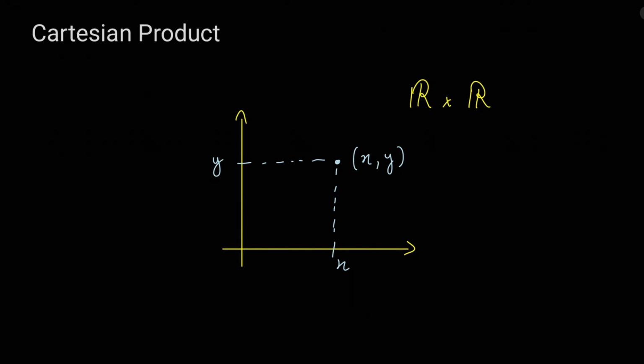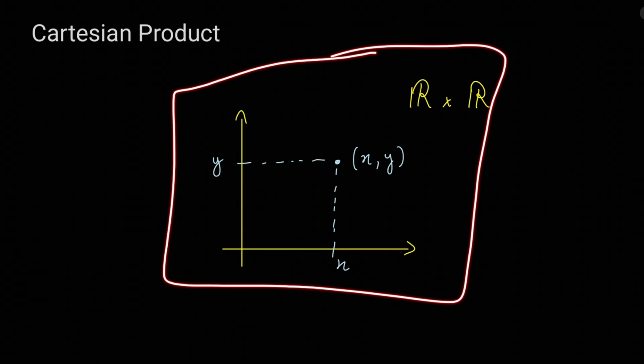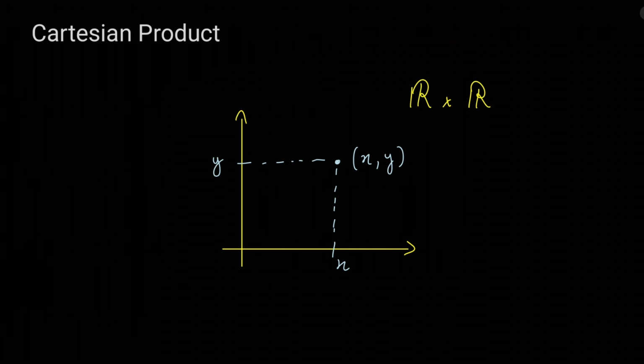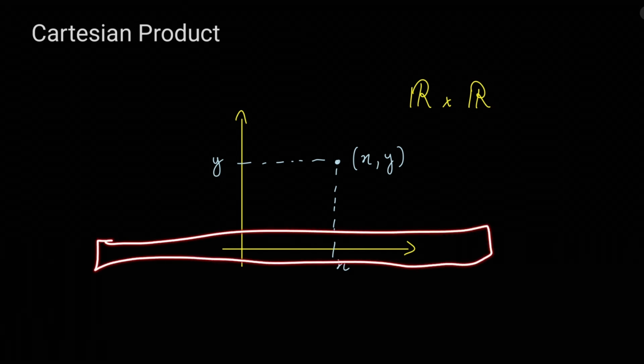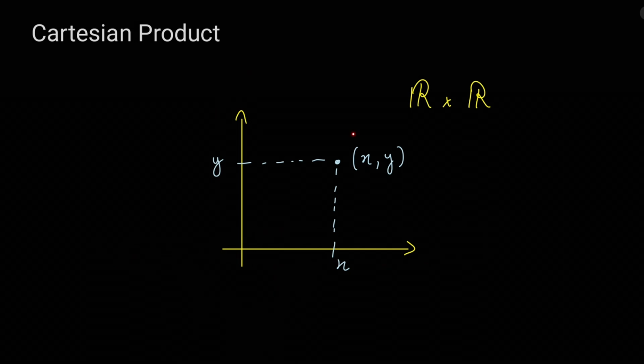Remember, the Cartesian product is the mathematical way of saying, let's consider all possible combinations of elements from two sets. And this is essentially what we're doing here. We are considering all possible combinations of elements from R and R, which visually we can interpret as all points from R and R, which give us the ordered pairs that form the Cartesian plane.